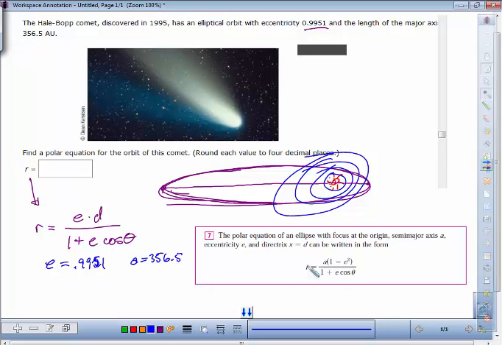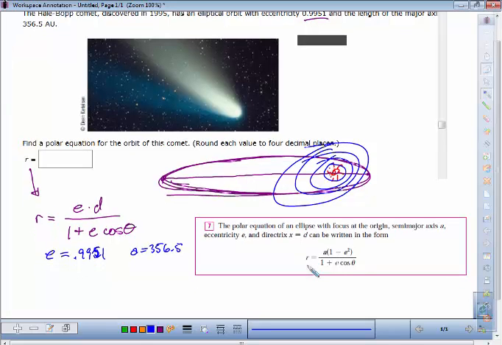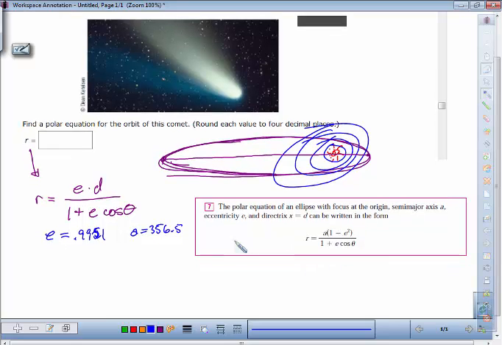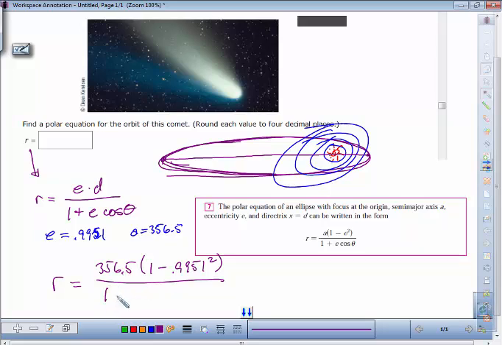And so we could just plug it into that formula to get the path of our comet. So we have R is equal to A, 356.5 times 1 minus 0.9951 squared divided by 1 plus 0.9951, and then the cosine of theta.